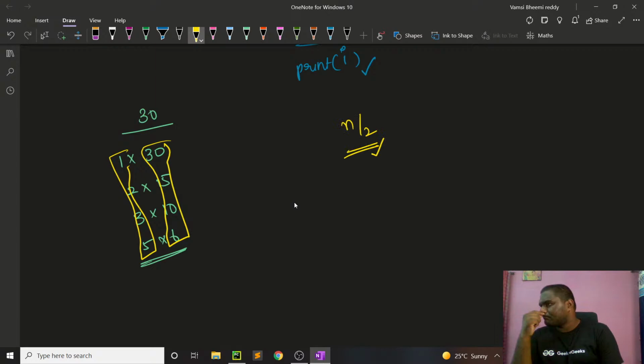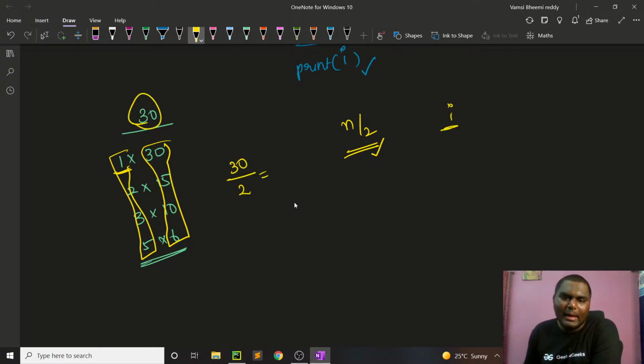How? One is going to be i, and another number is going to be, let's say, we are writing for 30 only. So 30 mod i, when I check, the remainder is 0. Yes, it is true. Now you can say that i is your divisor.